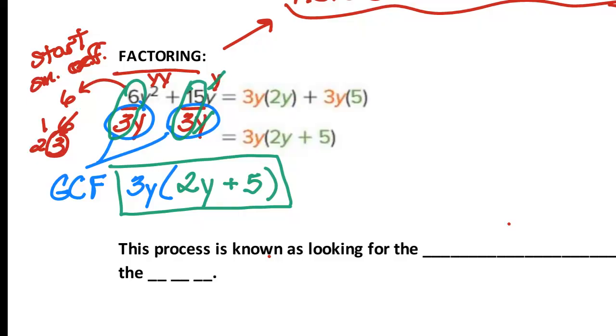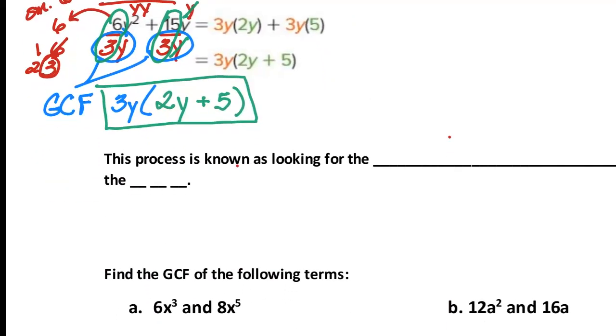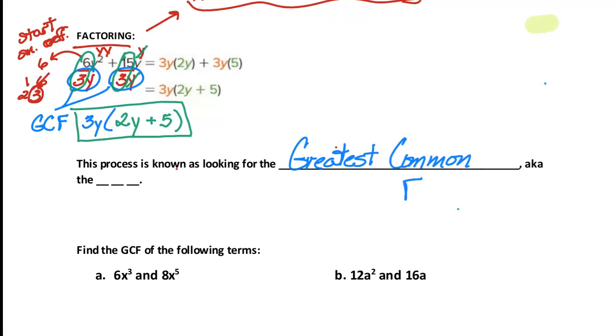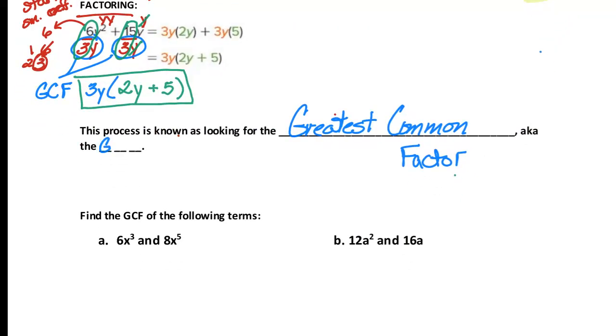Okay? It's very important to get this understanding right away. All right? We'll be doing some more examples, but that's basically what we're doing. So this process is known as looking for the greatest common factor, AKA, that means also known as the GCF.